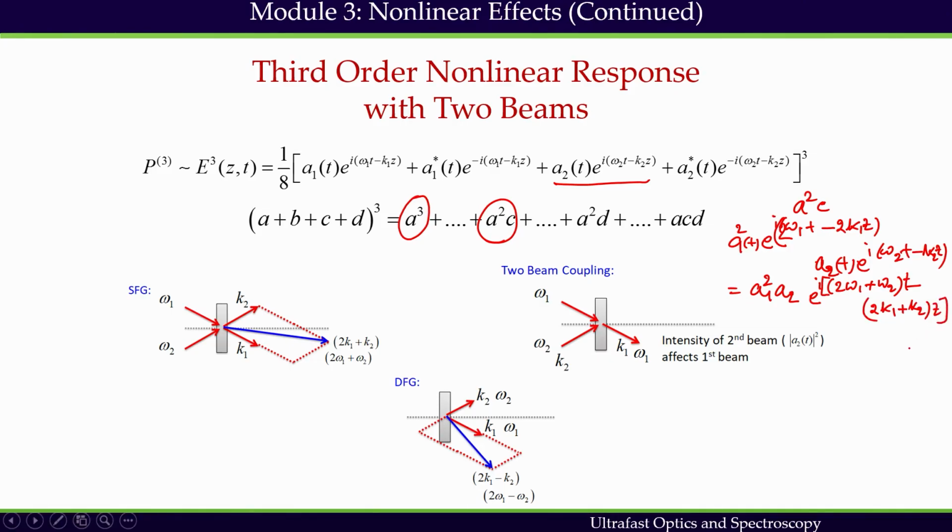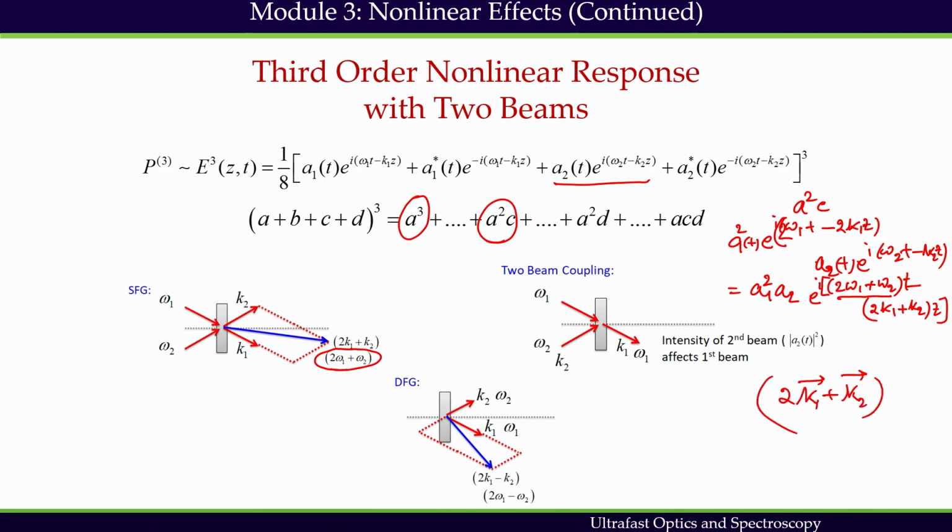So this polarization will induce another beam. It will produce another beam at the 2 omega 1 plus omega 2 frequency. But which direction? The direction is going to be the 2k1 plus k2 direction.